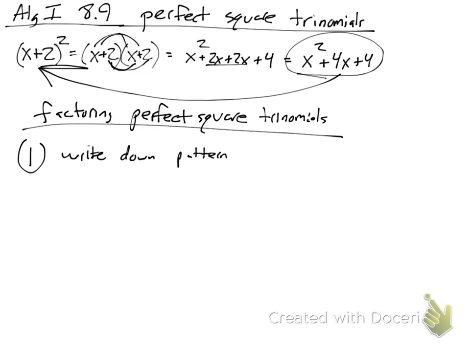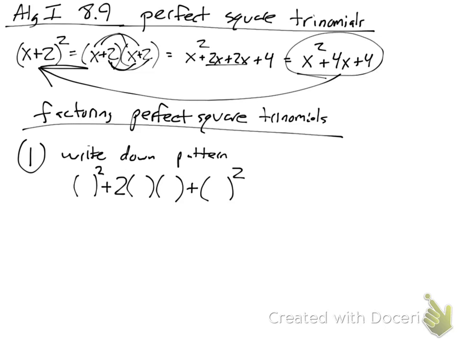Mr. Contract, what's the pattern? You didn't give that to us yet. Well, the pattern is something squared plus 2 times something times something plus something squared.